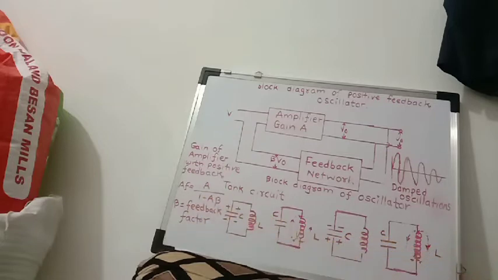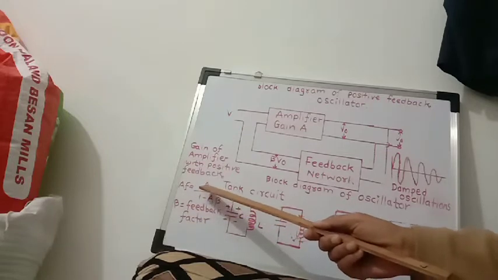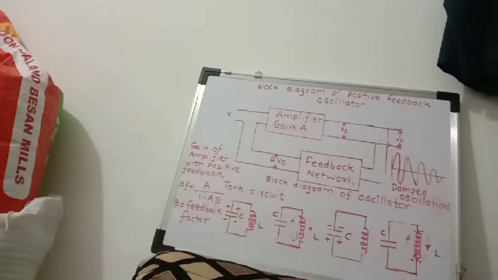So the gain of the amplifier with positive feedback of an oscillator is AF equal to A divided by 1 minus A beta, where beta is the feedback factor. Then we will study the Barkhausen criterion of oscillations.